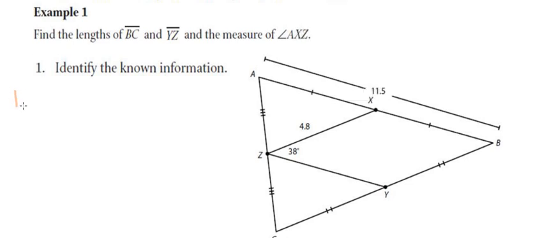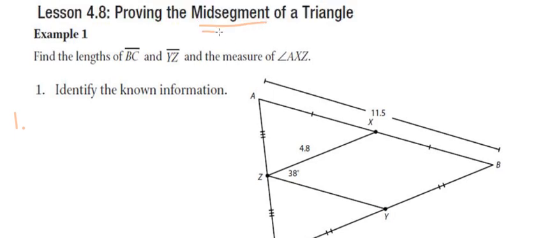We already know a couple things. So this word here, mid-segment, maybe is making you think of midpoints. So what a mid-segment is, it is a line that goes through a triangle, because this is a mid-segment of a triangle, but it goes from midpoint to midpoint. So if I'm going to have what's called a mid-segment, I need to know that it is a line that goes from a midpoint to a midpoint.